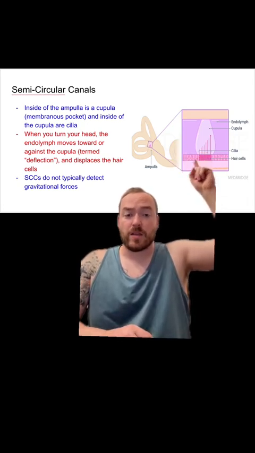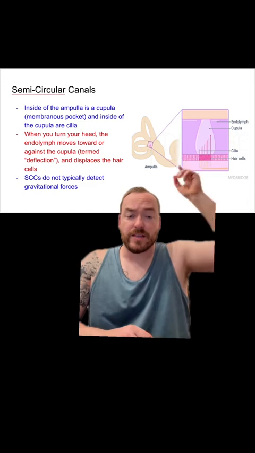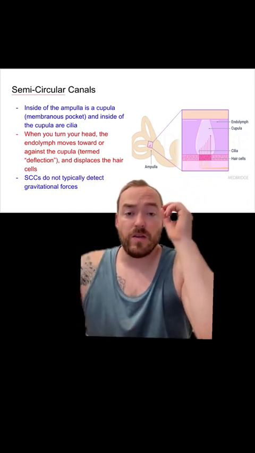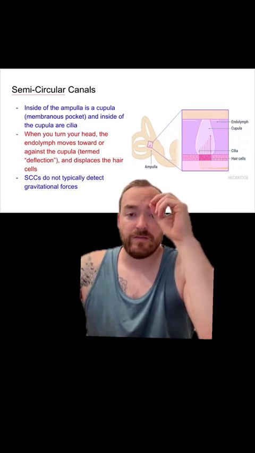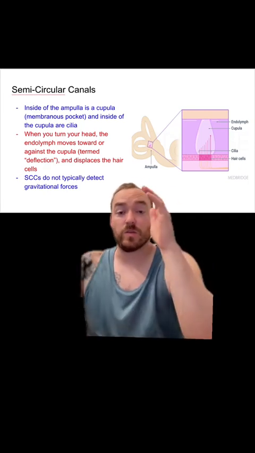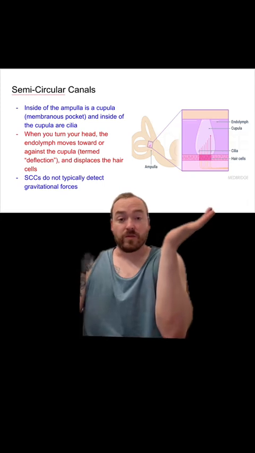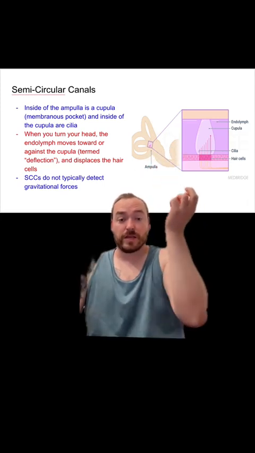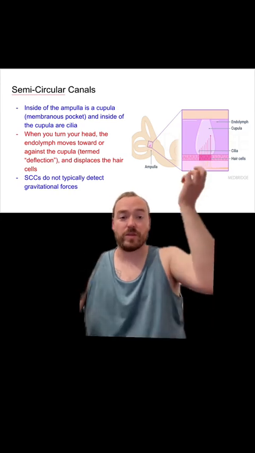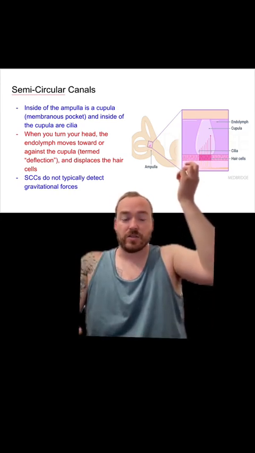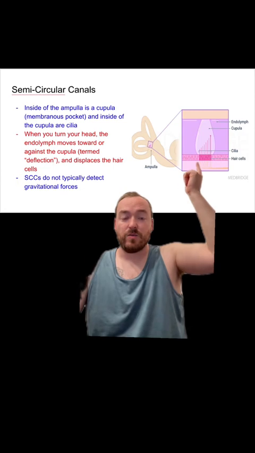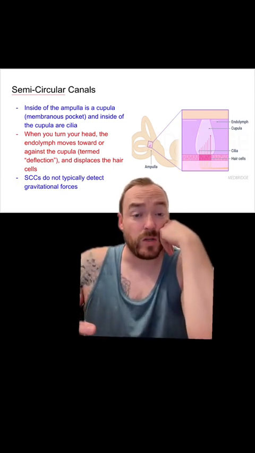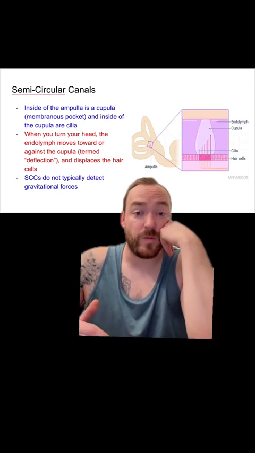Now, the cupula and the endolymph have the same density or weight, and so they are not affected by gravity because, let's say for instance you lay back. Normally it would make sense that gravity would pull the cupula down closer to the earth, right? Which would then cause this sensation of movement. But because the cupula is the same weight as the endolymph, it doesn't move at all. And so we don't get the sensation of spinning when we lay back.